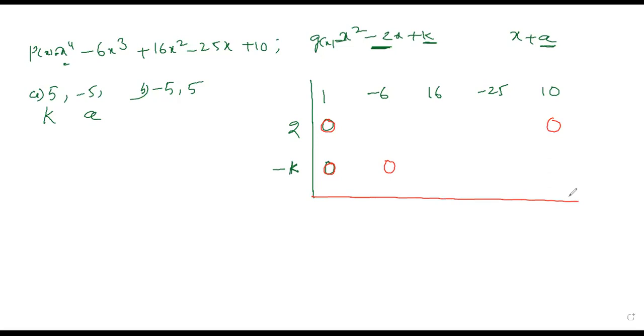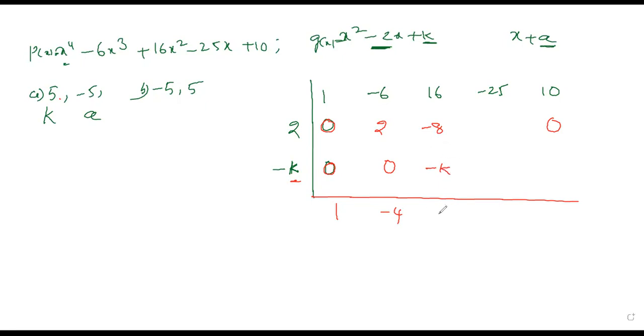This is 1. If you are feeling difficulty in writing k, directly write the options also. Once you write k equal to 5, once you write k equal to minus 5, you will get the direct answer. This is 1 and 1 into 2 is 2, so it is minus 4. Minus 4 into 2, minus 8, and this is minus k.